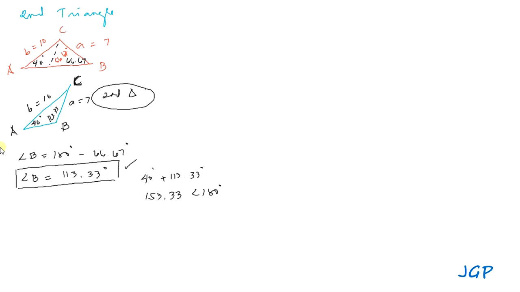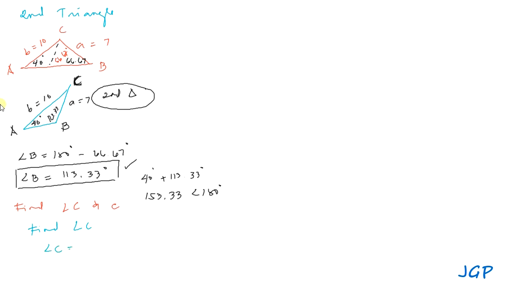What else do you need to find in our triangle? We need to find your angle C and your side C. Again, this is our second triangle, the smaller one. So, let's find the value of angle C. It's easy since you already have the other two.